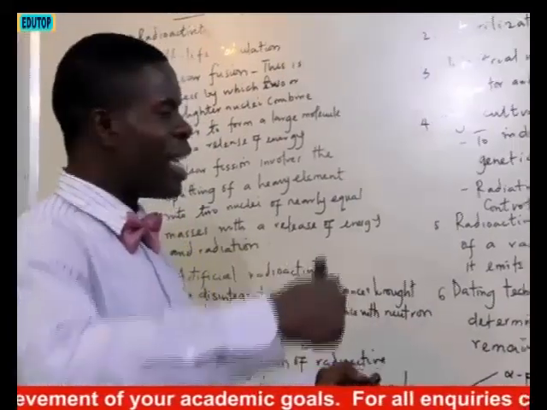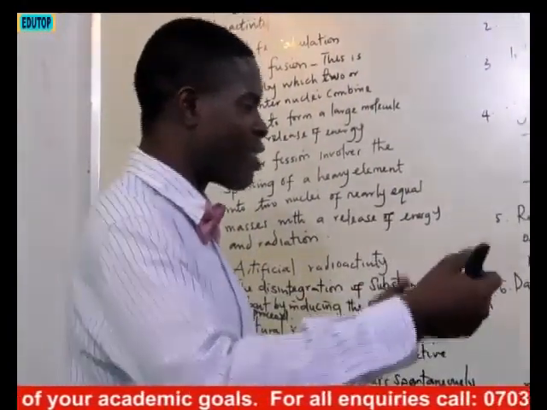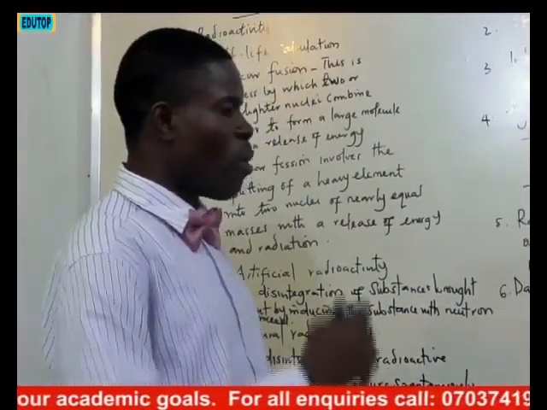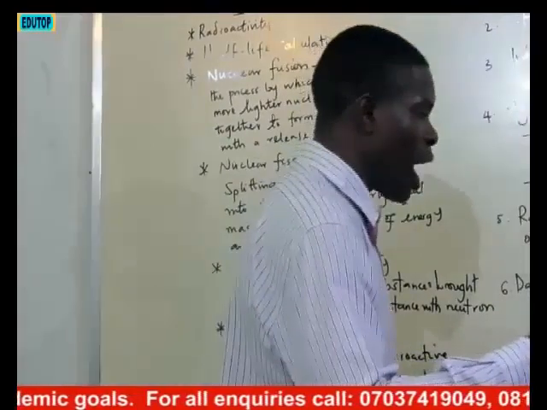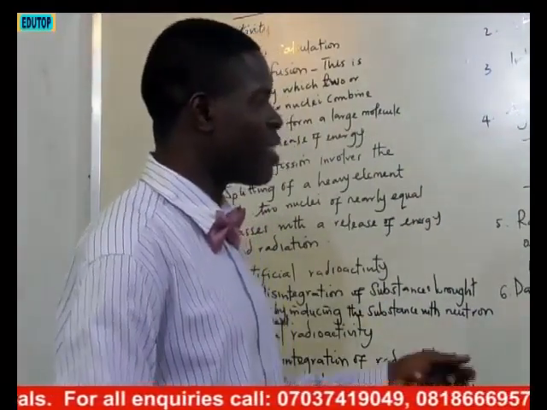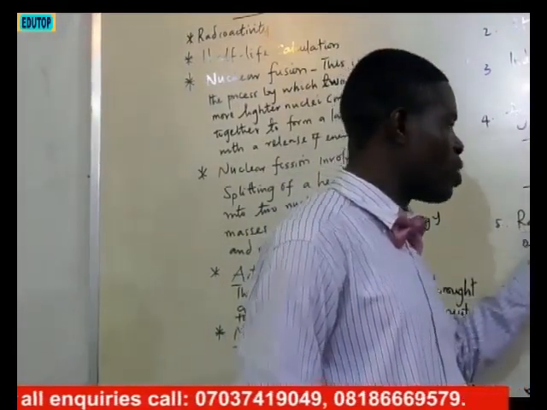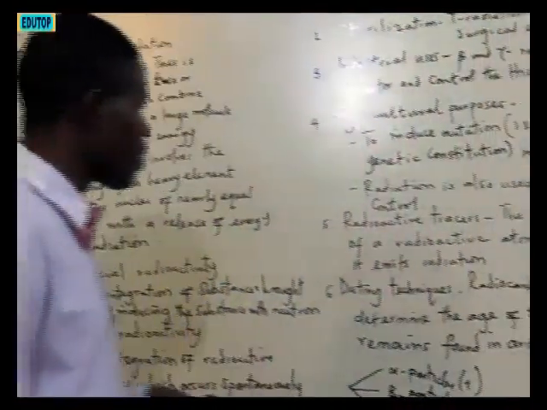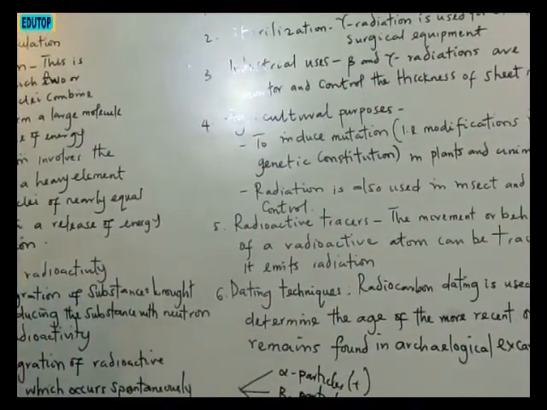But if you are bringing a positively charged species and you have a repulsion, you definitely know that it's a positively charged species. That is a way of using radioactive tracer to trace a particular movement or behavior of a radioactive atom.